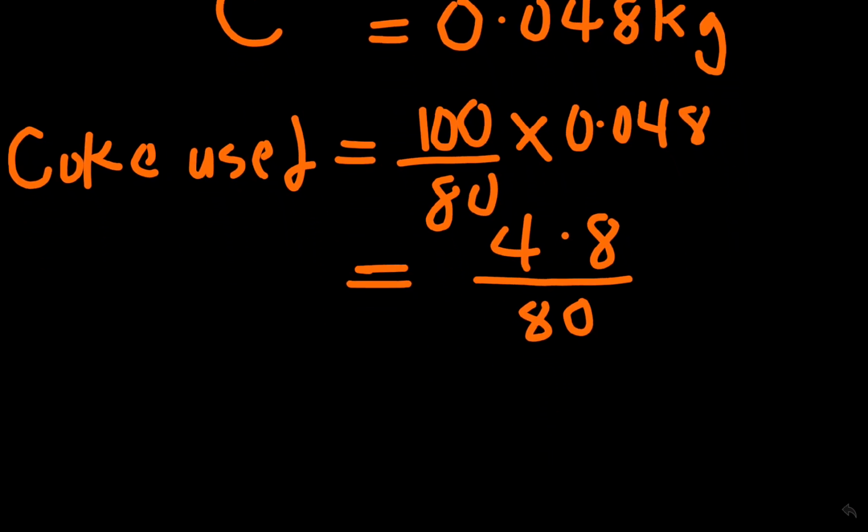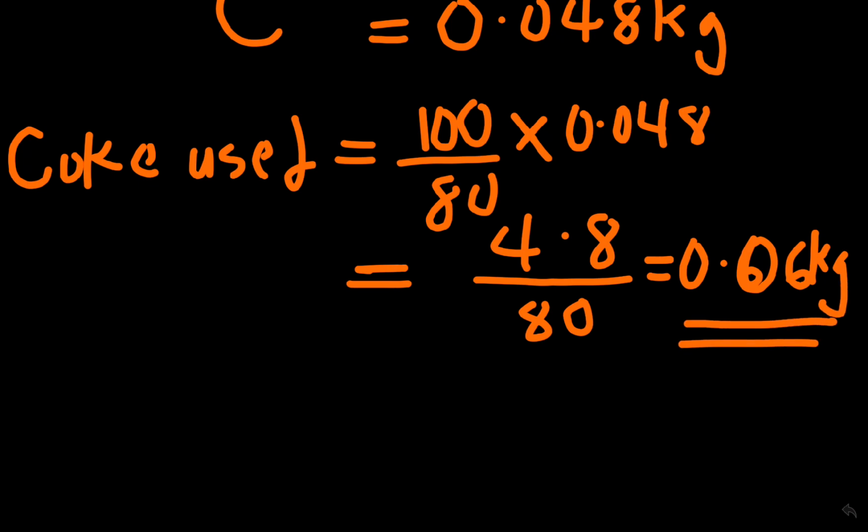And so 4.8 divided by 80, and your final answer will be 0.06 kilogram. So the amount of coke used here is actually 0.06 kilogram of coke, which is actually our final answer.